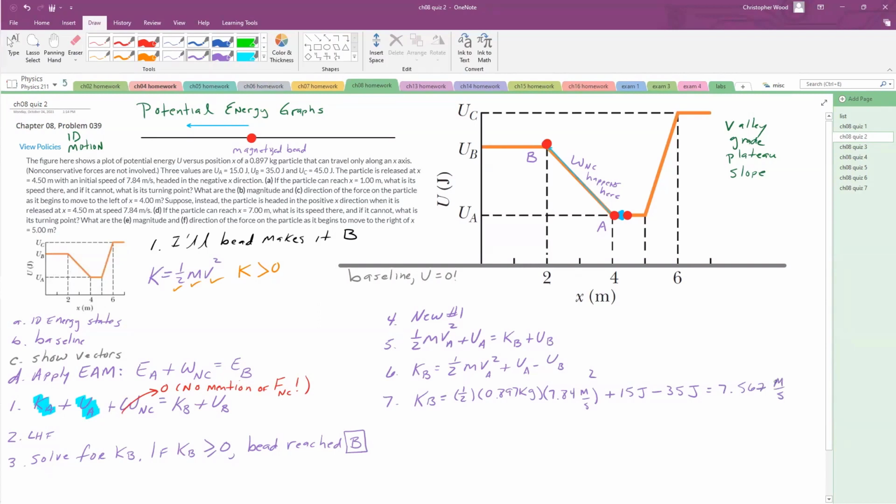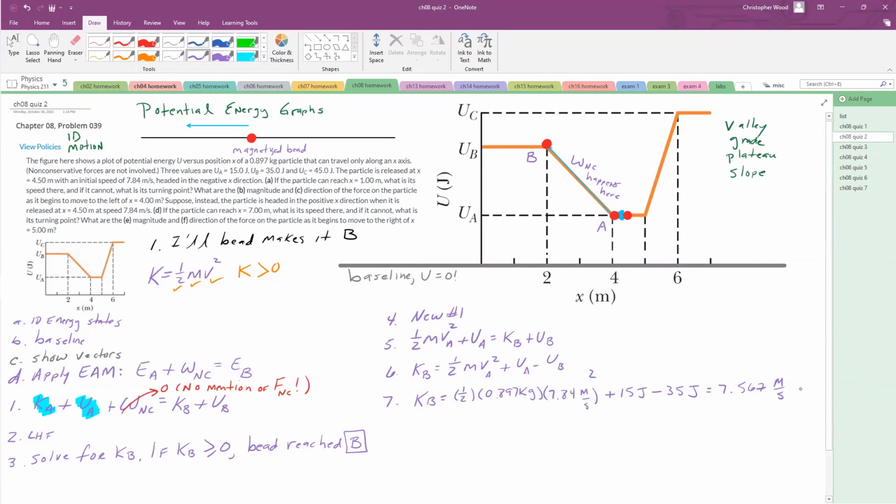I'm going to redo that and store it as alpha A. So 0.5 times 0.897 times that velocity at energy state A, which was given, 7.84 squared, plus potential energy at A given as 15, minus the potential energy at B, which is also given, 35.